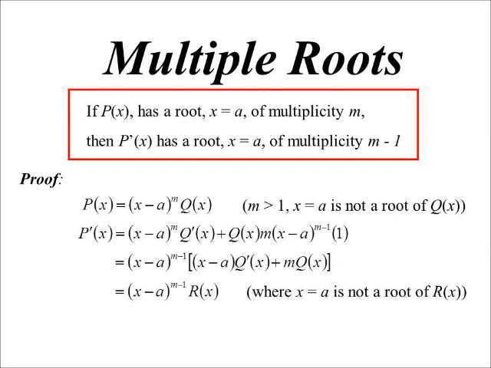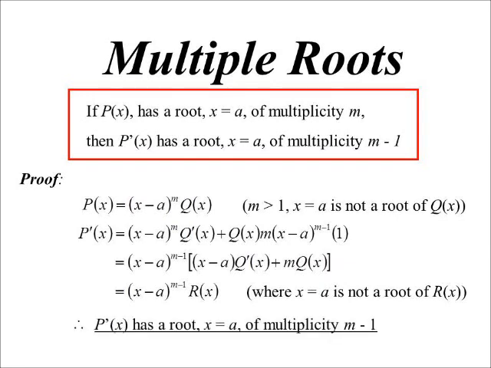Oh, and we also know that a is not a solution to R x because, well, it is a solution to the first half, the x minus a part, but we've specified it's not a solution to the Q x, so that therefore, when we add them together, x minus a is not going to be a common factor of both of them.